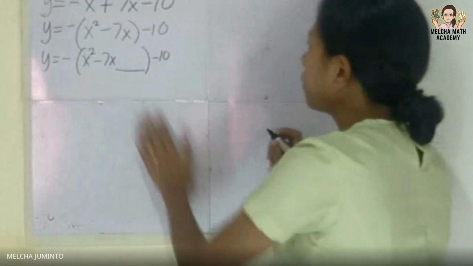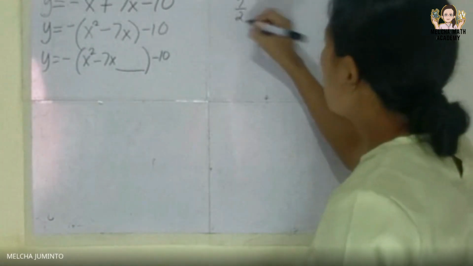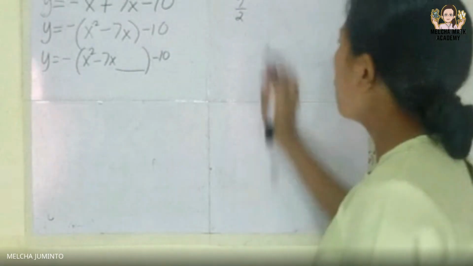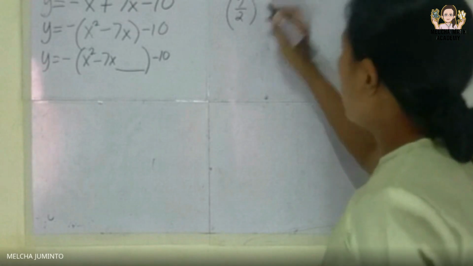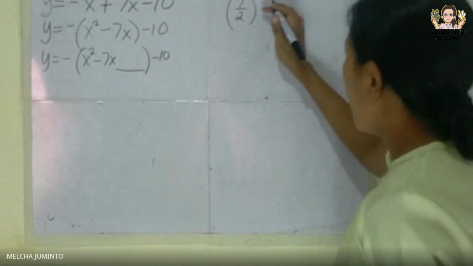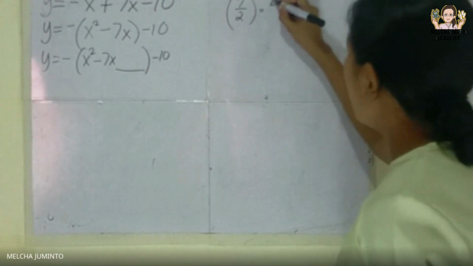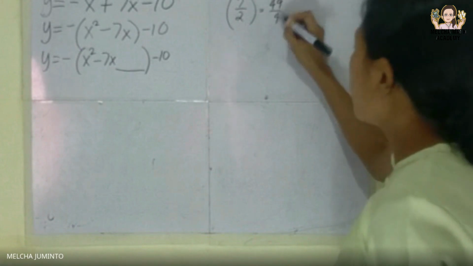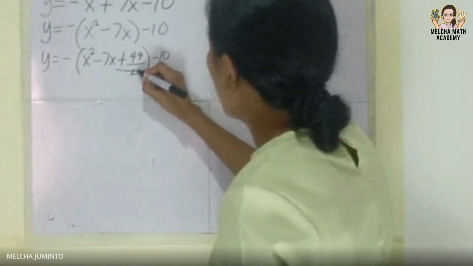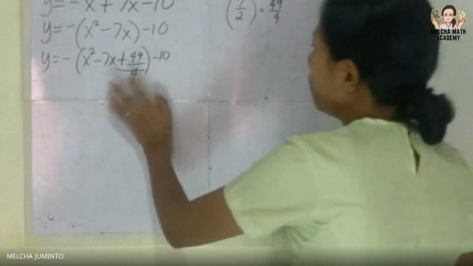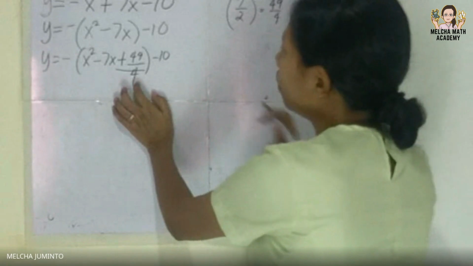To get this number, you compute 7 over 2, which is not divisible by 2, so you simply write it that way. Then square it: 49 over 4. So plus 49 over 4. Now, we added 49 over 4 here, so we need to subtract it.